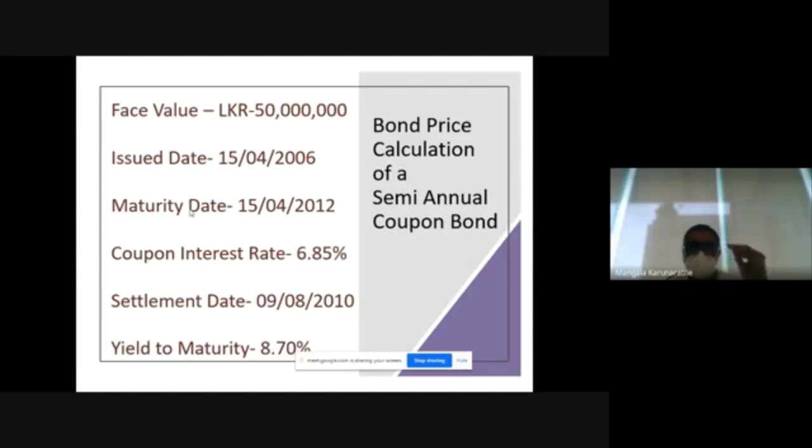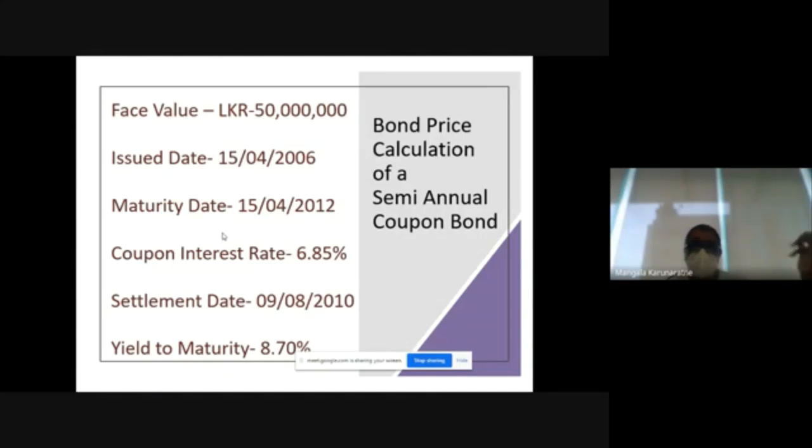Paid coupons we are not bothered about, because paid coupons are already given to the holder of this bond at that time. Now say someone has this bond today, we are in August 2010, right?